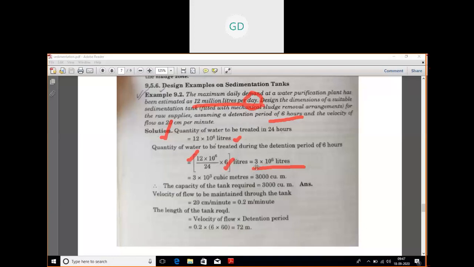We get 3 into 10 to the power 6 liters. If we convert these liters to cubic meter, you get 3000 cubic meter. So the capacity of the tank is 3000 cubic meter.